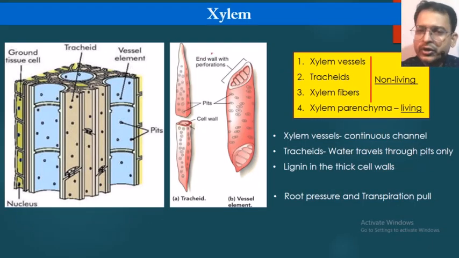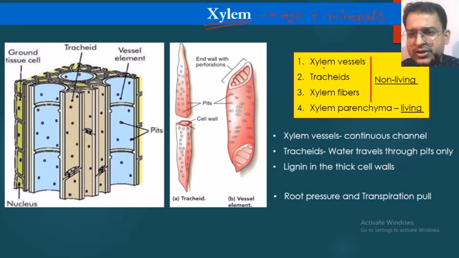Let us look into the characteristics of xylem. Xylem is involved in the transport of water and minerals. Xylem is a tissue. It is made up of different types of other similar kinds of tissues, together we call it the total xylem transport system.